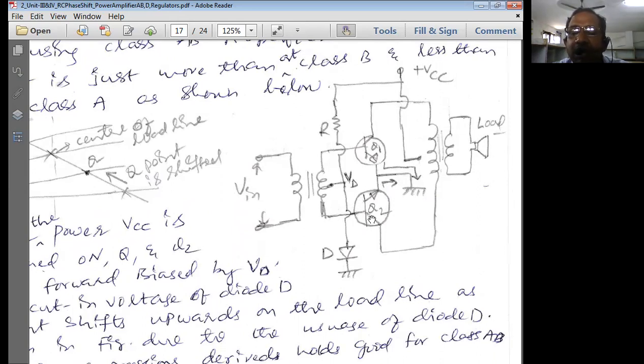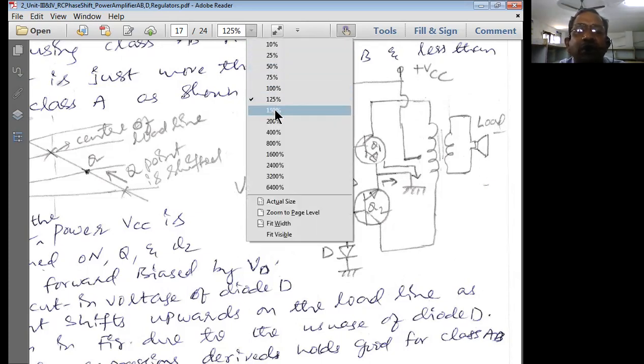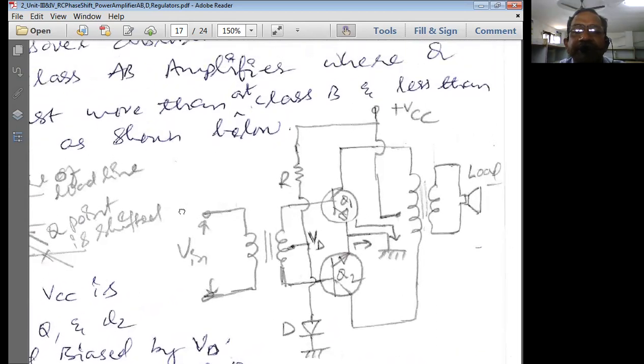That means before the application of the externally applied input signal, we are going to have some potential applied to the base of transistors Q1 and Q2 because of the diode D. So diode D is going to conduct. Now there is a closed loop path through the diode if you see this circuit diagram carefully. This circuit diagram is really important for us. So let us look into the circuit diagram now.